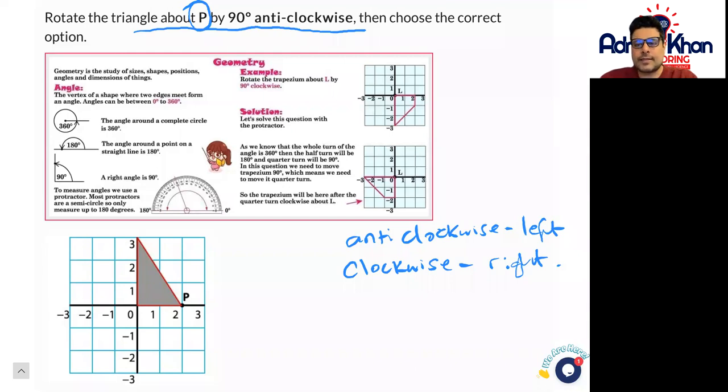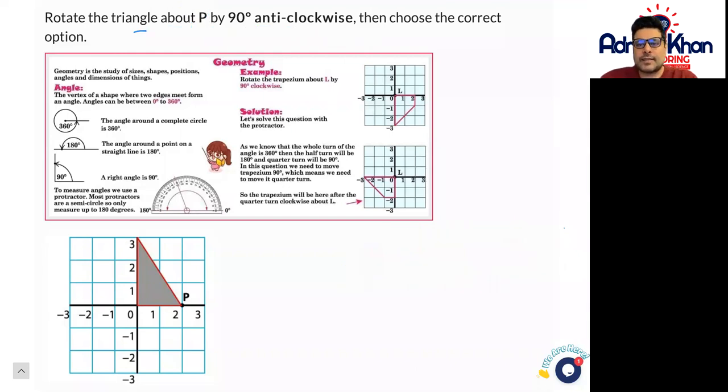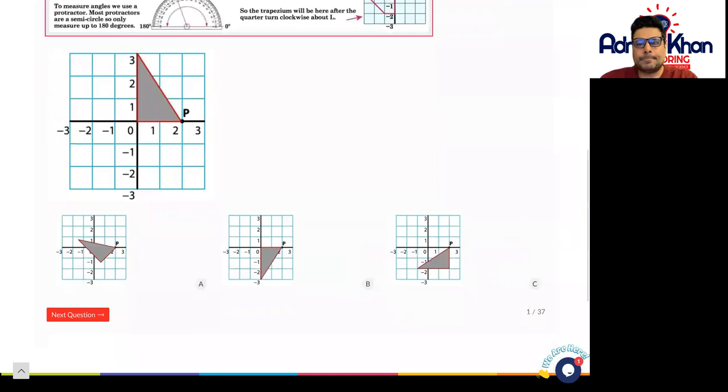So let's have a go at this, and let's try and project this in our shape here. So we have what we call P, which is just there. Now we're going to use that P and rotate the triangle 90 degrees anti-clockwise, so 90 degrees to the left side on P. Let's try and do that as best as we possibly can.